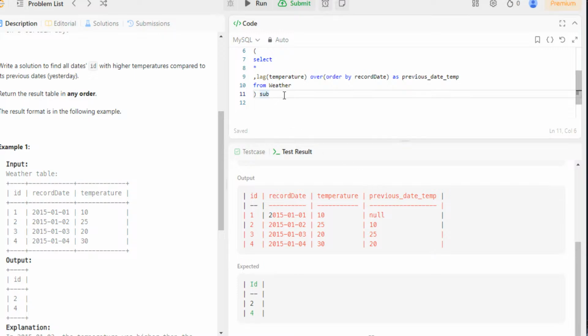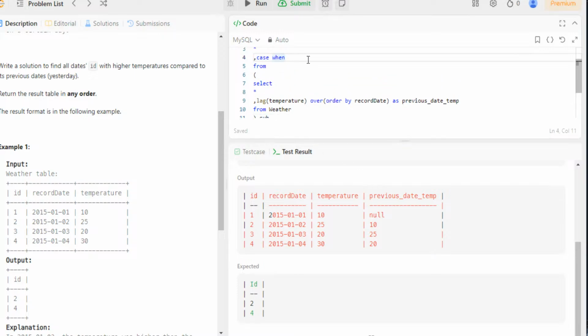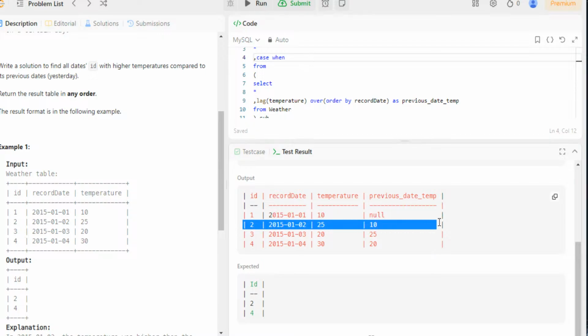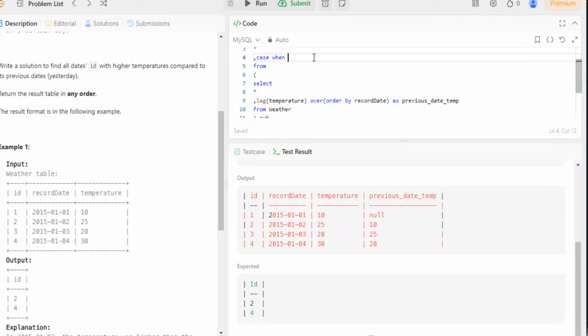So now I'm going to do a case when. And the way that you want to think about this is each row is an examination. So case when temperature greater than previous day temperature.